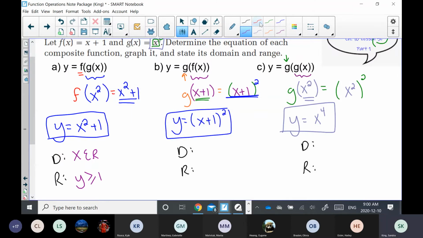I'll do this one in red. The domain of a parabola does not change, x belongs to the reals, and the range, it was on the x-axis, so the range was y is greater than or equal to 0. For this last one, we have a polynomial of degree 4.